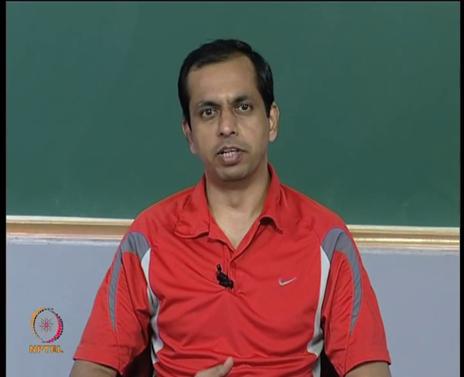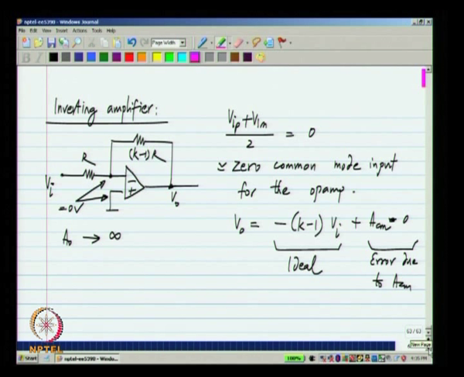In an inverting amplifier, the common mode voltage is 0. So, these effects will be very small. So, sometimes in very distortion sensitive applications, you will tend to use inverting topologies instead of non-inverting topologies. So, that is about the standard op amp and the op amp's data sheet and so on.